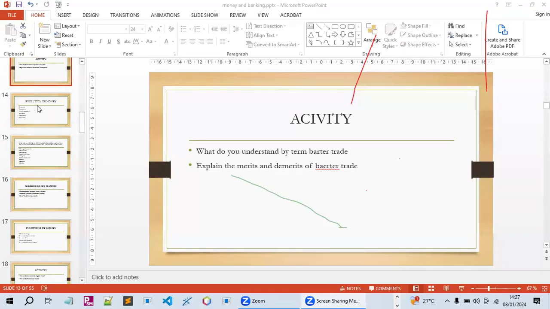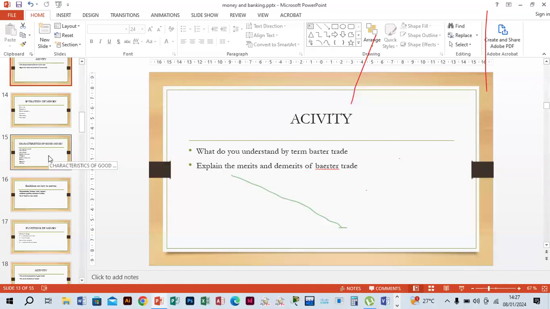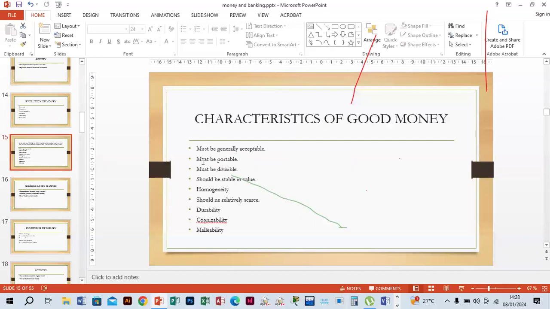Then on that note, let's go to the characteristics of good money. But before we start, could you give me synonyms or any words that could mean characteristics in the chat, please?